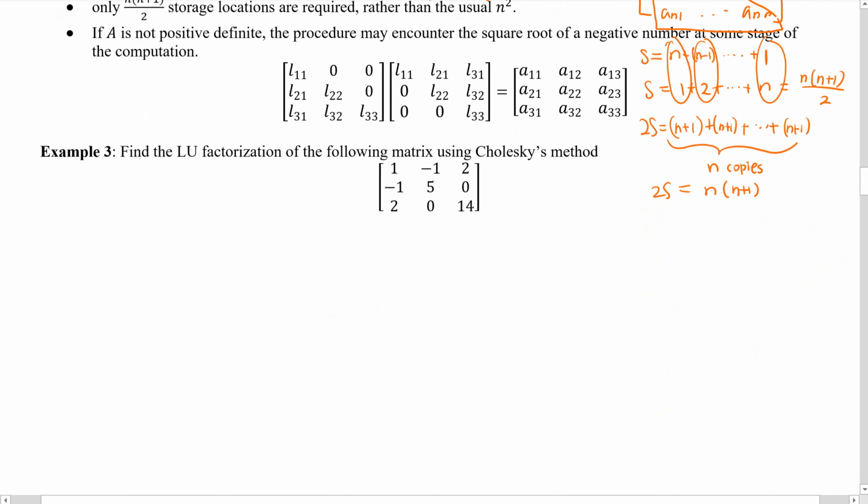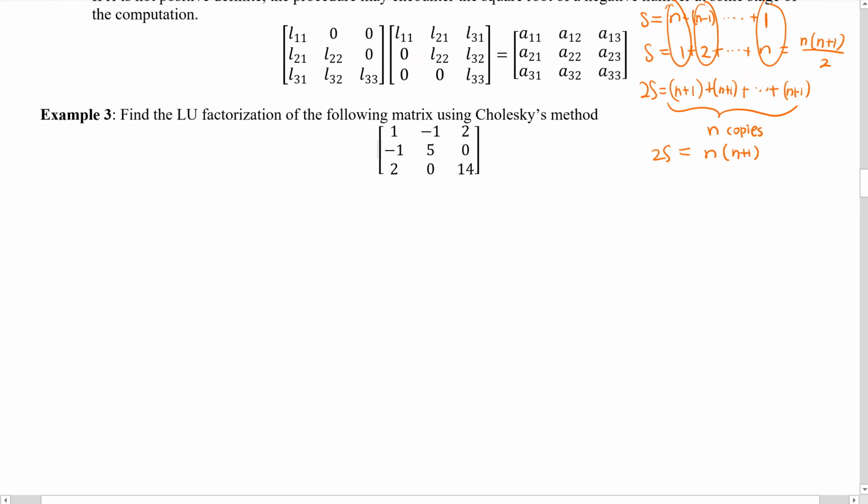Okay, so let's find the LU factorization of the following matrix using the Cholesky method. First of all, we can see A is symmetric, right? This is like a mirror: -1, -1, 2, 2, 0, 0. So we can see A is symmetric.